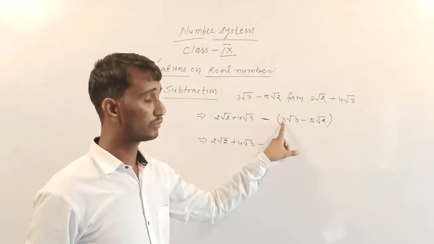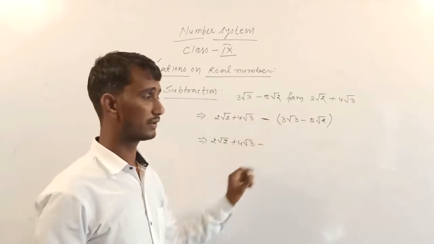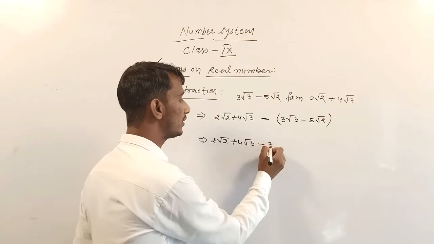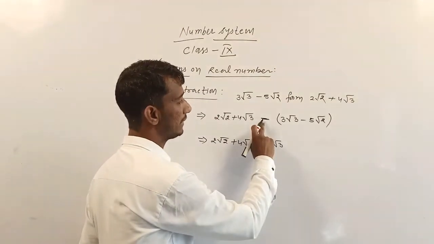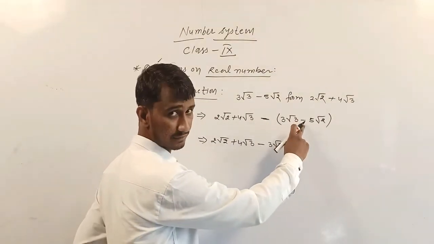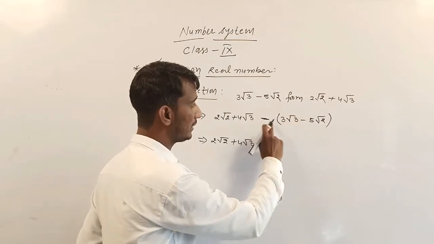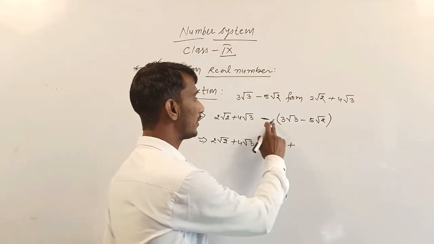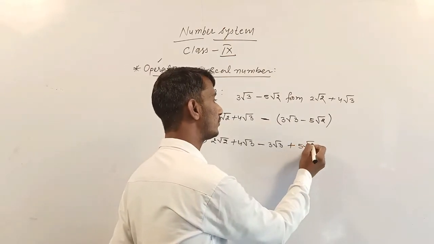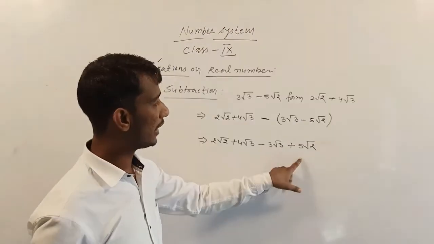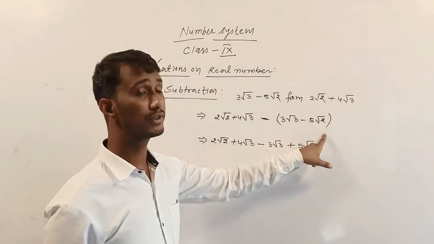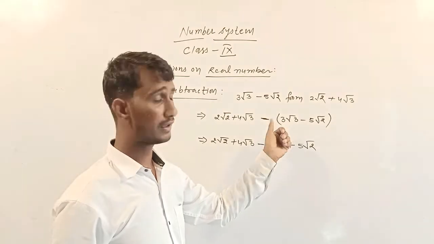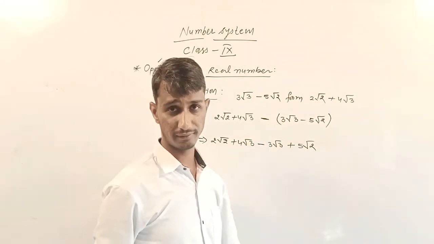Minus into plus, product is minus, so minus 3 root 3. Now minus into minus is plus, and put the next value, 5 root 2. That's why I am telling you why we put the bracket: if a negative sign comes, it changes the other signs.